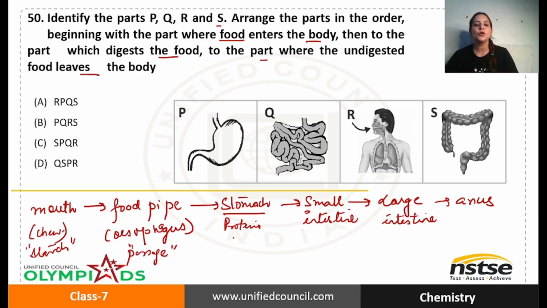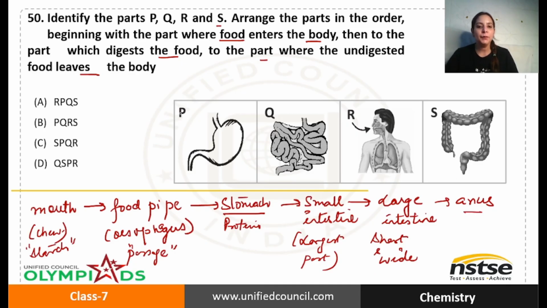The digestion keeps on going. Then it goes to the small intestine, the largest part of the alimentary canal. This complete passage is called the alimentary canal. And the large intestine is short but wide, where water absorption takes place, and the anus is where the waste is thrown out.